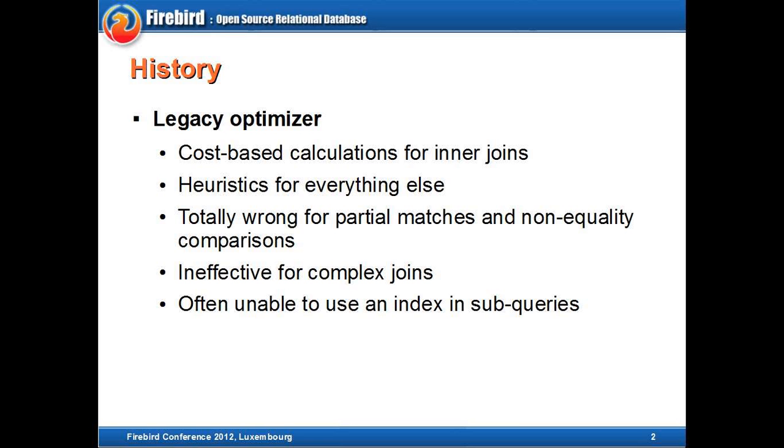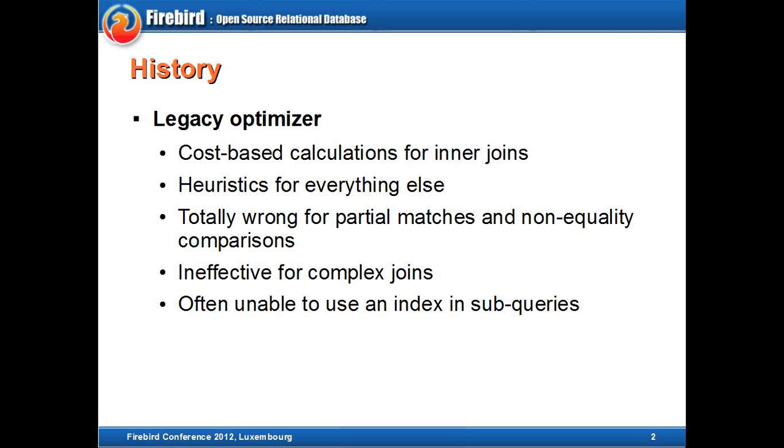It was calculating the selectivity of the predicate, how percent of rows will be affected by this predicate. And then the engine was trying to estimate the total cost of the execution. Unfortunately, this approach was used only to decide about how to join streams, how to join multiple tables. Almost everything else was not decided using costs. Just some hard-coded heuristics were used by the optimizer.